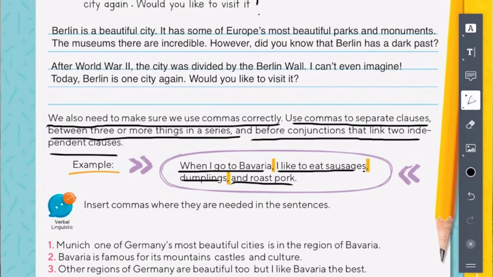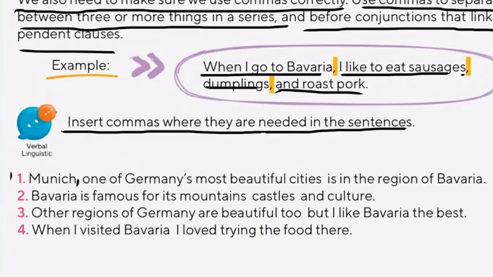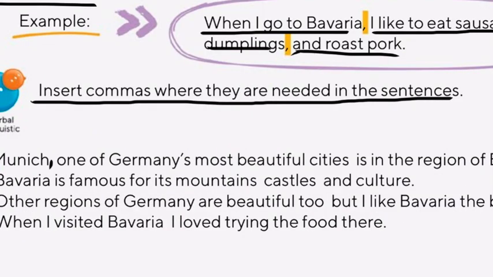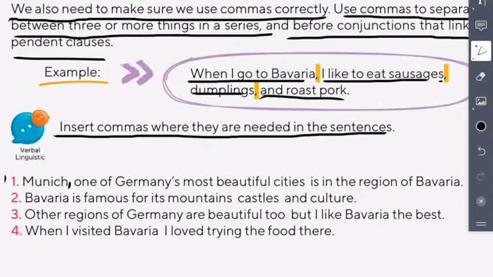Let's read the instructions. Insert commas where they are needed in the sentences. Number 1. Munich, one of Germany's most beautiful cities, is in the region of Bavaria. Good. Number 2. Bavaria is famous for its famous mountains, castles, and culture.